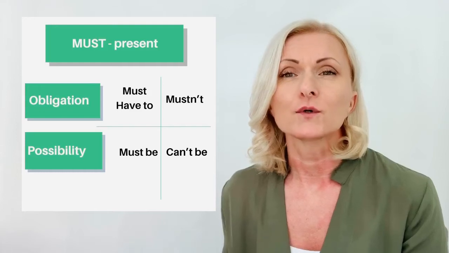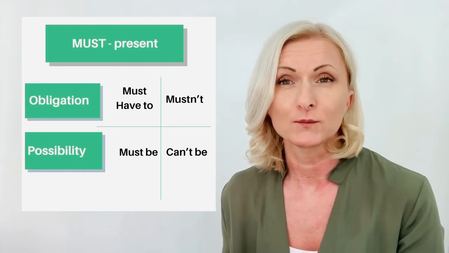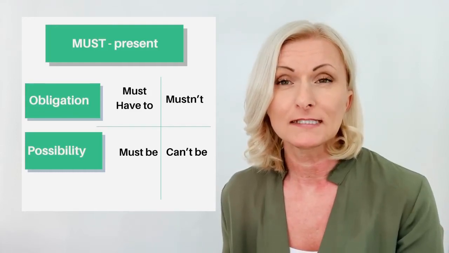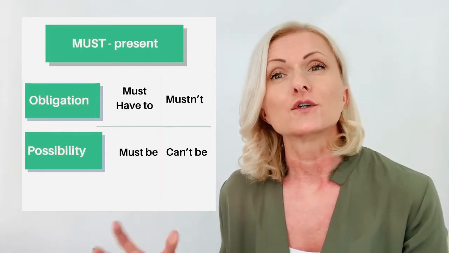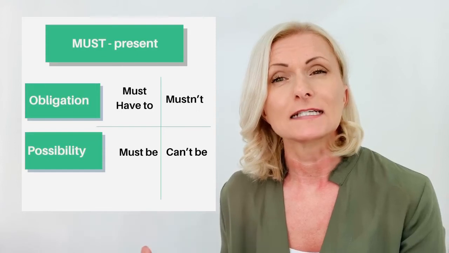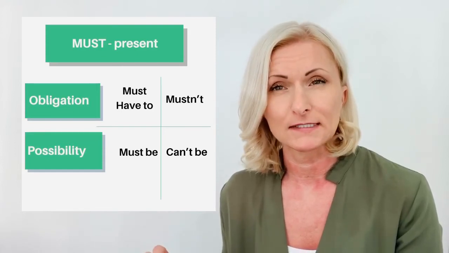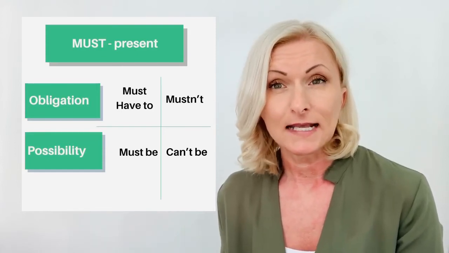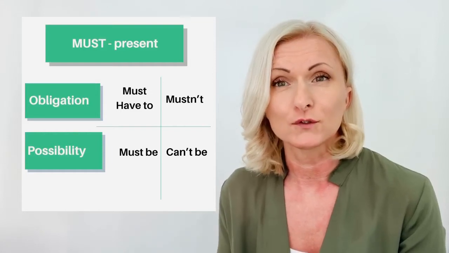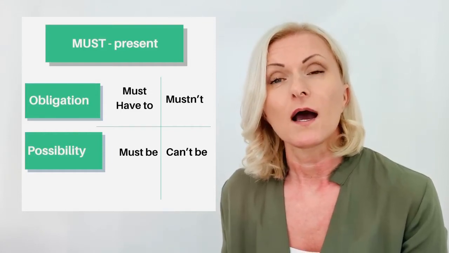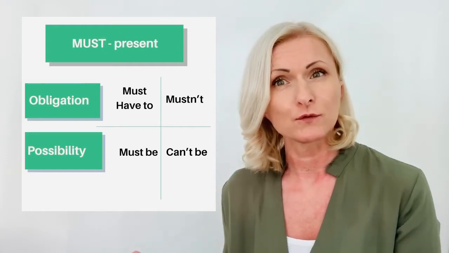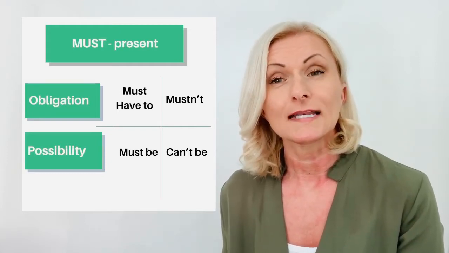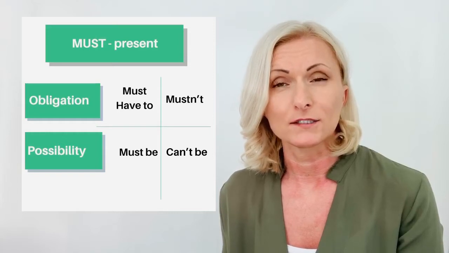And you have to, or I have to do my homework, which is a positive sentence. It's not possible to say I don't have to as the exact opposite of this sentence. In this case, the negative of I have to do this would be I mustn't do this. So only the mustn't form exists for the negatives for obligation.